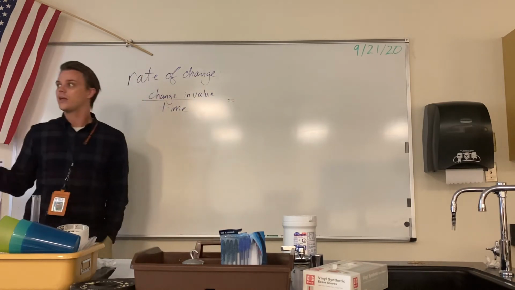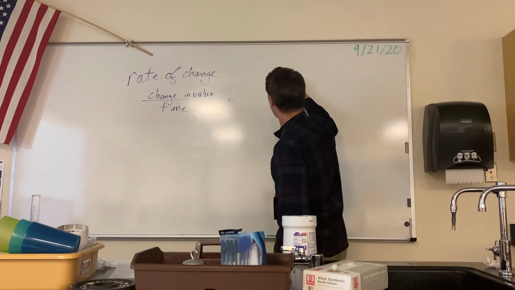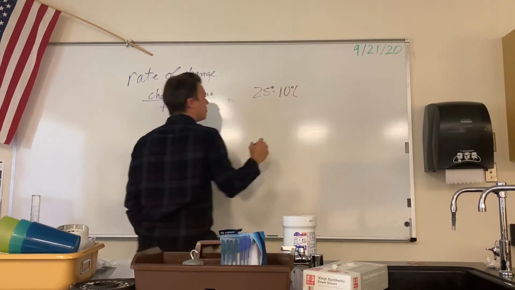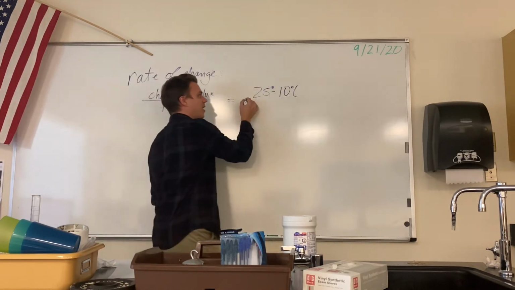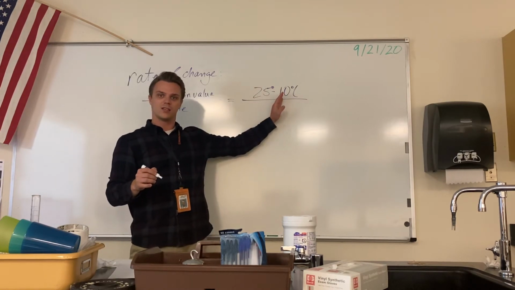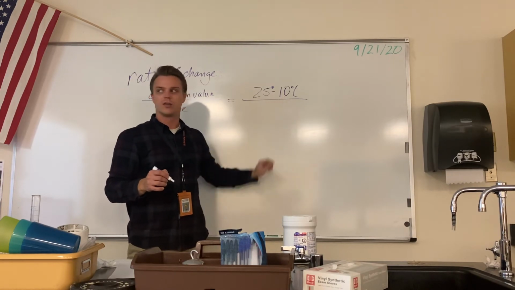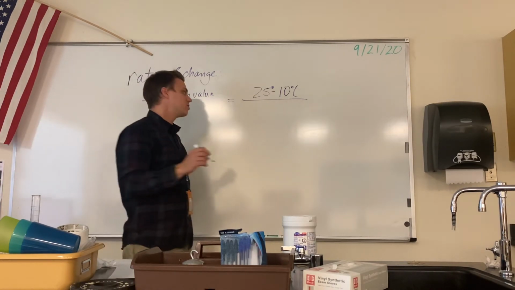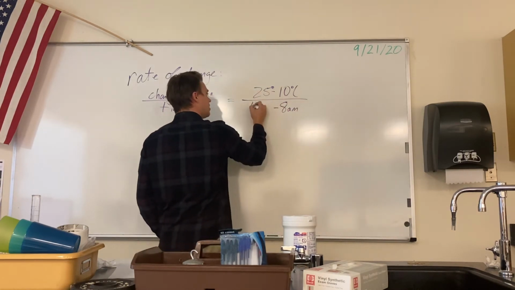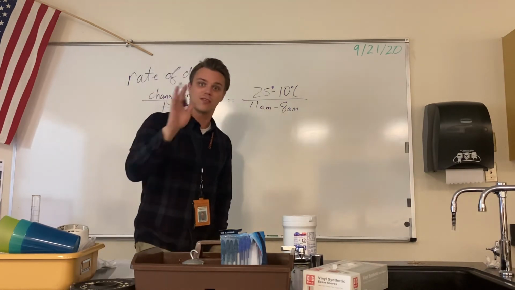The example reads, the temperature changed from 10 degrees Celsius to 25 degrees Celsius. That is our change in value. I always like to put the smaller number second, because I like to do big number minus small number. And then the time was 11 a.m. and 8 a.m. So let's start with just subtraction, and then we'll divide.